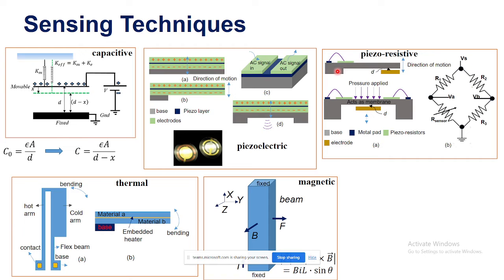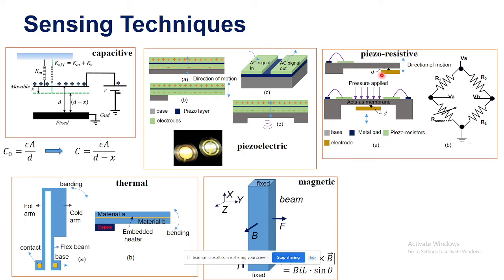Again, this is a simple cantilever, as you can see here. This is the base, which could be silicon. On top of that, industry people use fabrication techniques to deposit a piezoresistive material, let's say polysilicon over here. So that is embedded at this point of the structure, and then there is a wire for the connection.